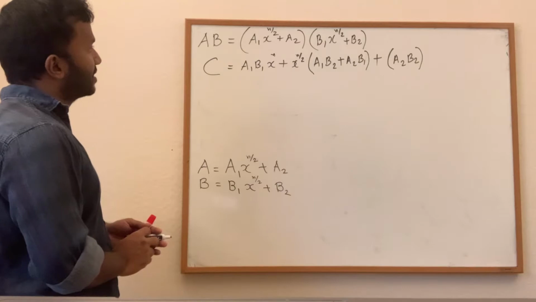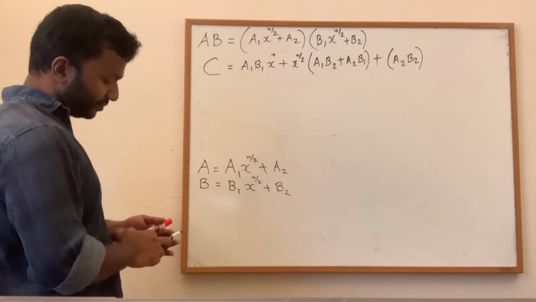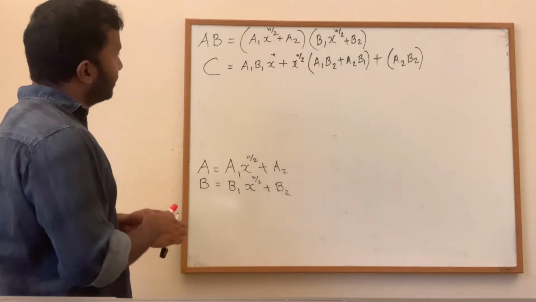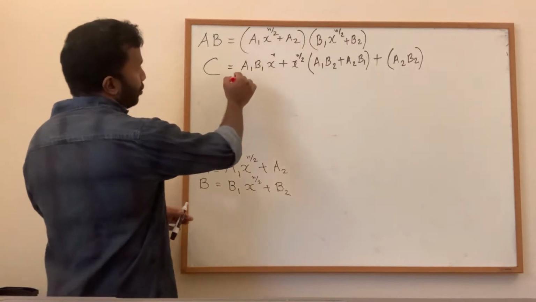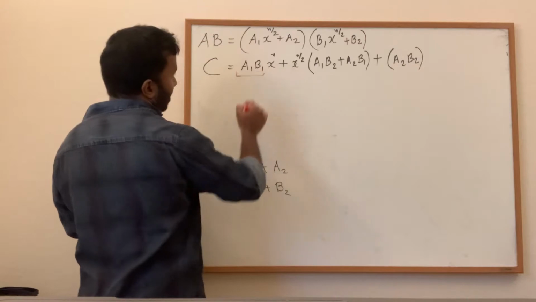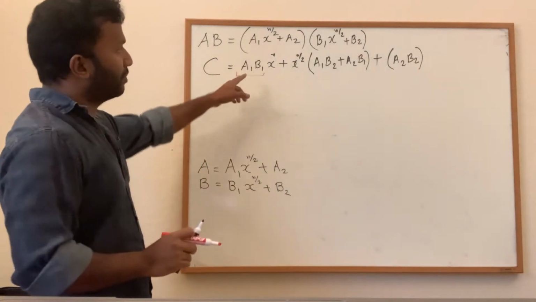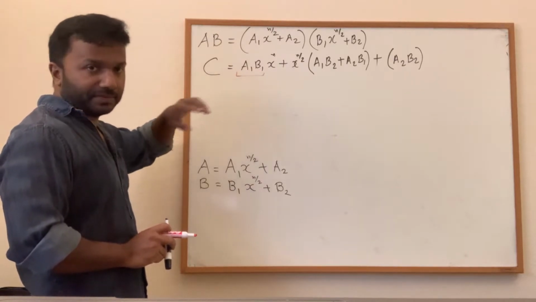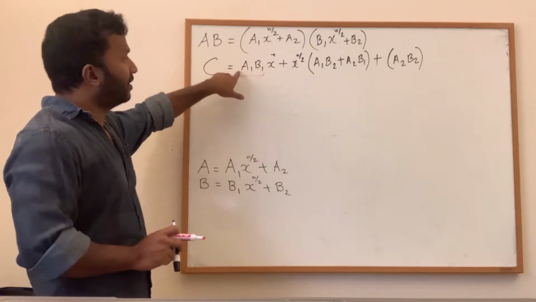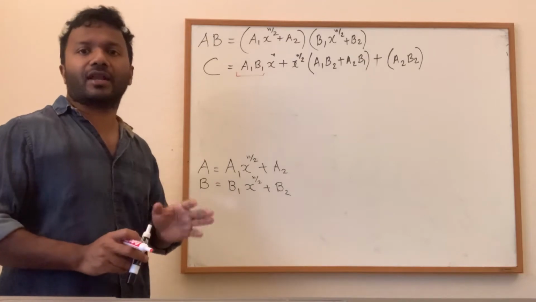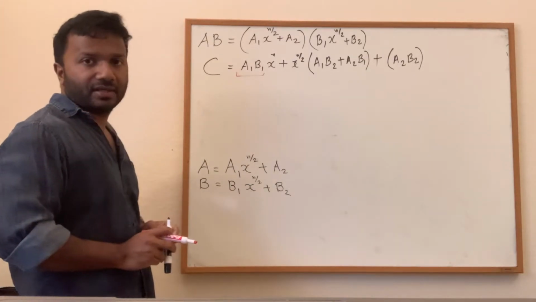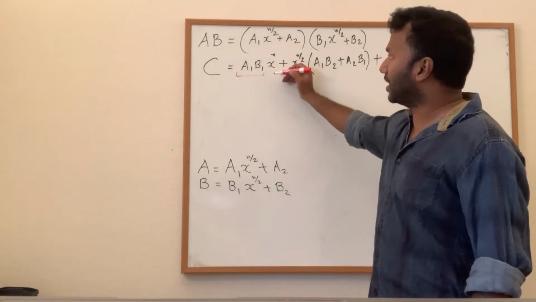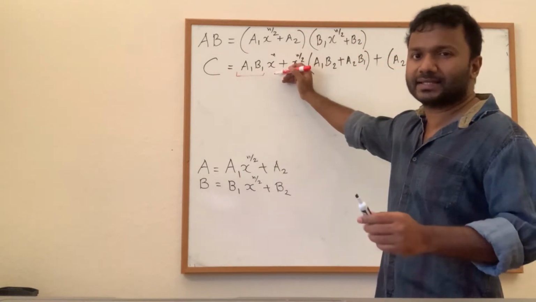And let's have a closer look here. One thing I want you to notice is this multiplication, A1 multiplied by B1. Essentially, this is a multiplication between two numbers where each of them is an n over 2 digit number. And this is getting multiplied by x raised to n, where x is the base.